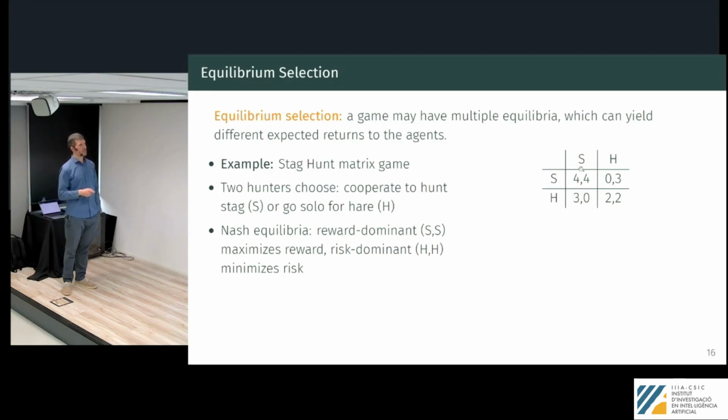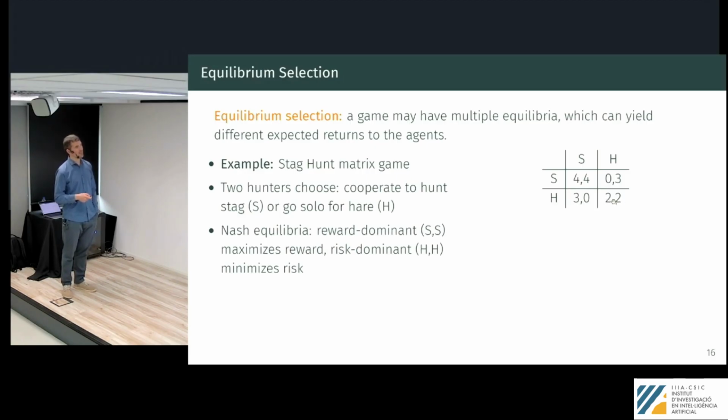The SS one is interesting purely because of the reward. But the HH one is risk dominant in the sense that if the other guys are deviating, the loss that I can experience is not quite so big. It's not quite as risky. So for example, we're both doing HH.